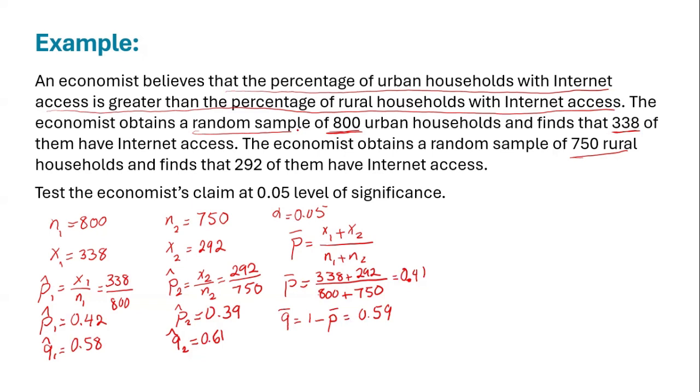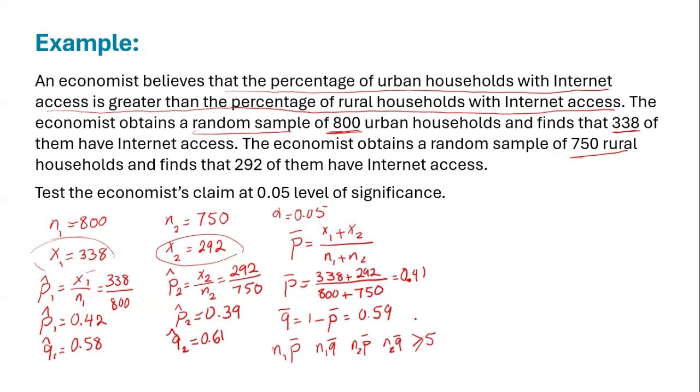And also, we have to have at least 5 successes or 5 failures. That means X values must be more than 5. They are more than 5. Or you can multiply N1 by P bar, N1 by Q bar, N2 by P bar, and N2 by Q bar to make sure that all of them are more than 5. You can do those steps on your own, just using your calculator.